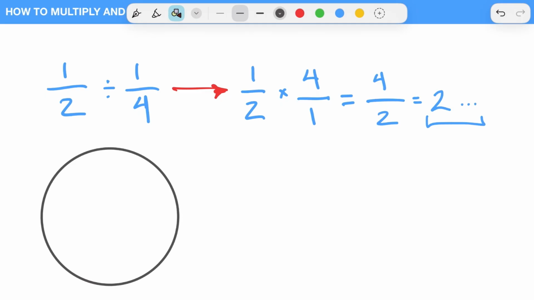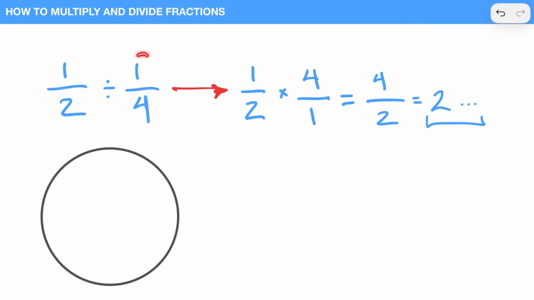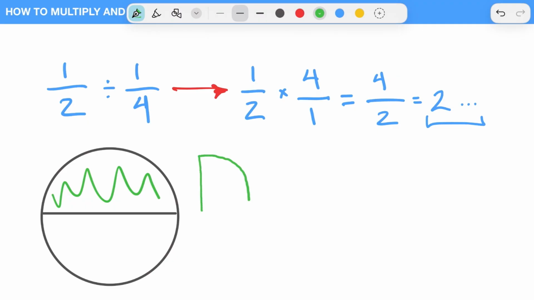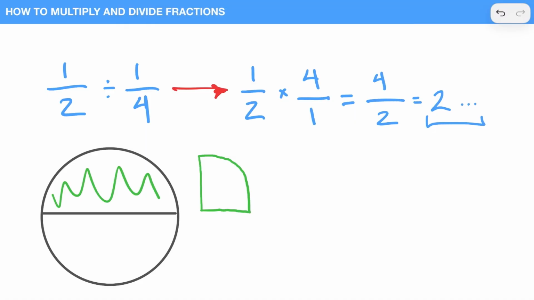We are asking ourselves, how many times can you put 1/4 into 1/2, right? So if I draw this circle into 2 halves, what I really want to do is ask how many 1/4, which look maybe something like this, fit inside of 1/2.